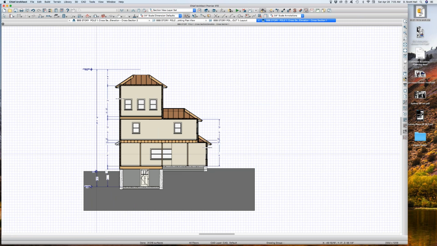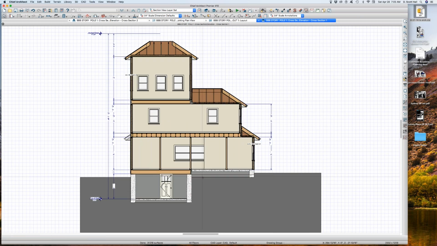MS, MK, delete MS. What's wrong with that?